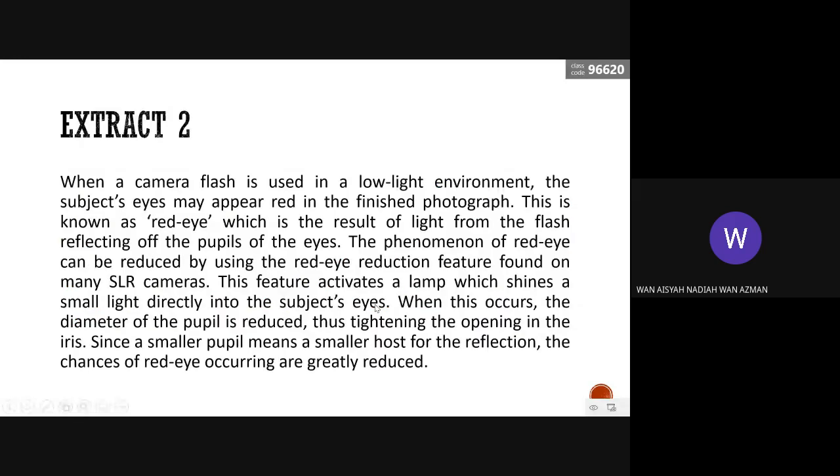Okay, and then moving on to the next extract. So, which one is the topic sentence? When a camera flash is used in a low-light environment, the subject's eyes may appear red in the finished photograph.